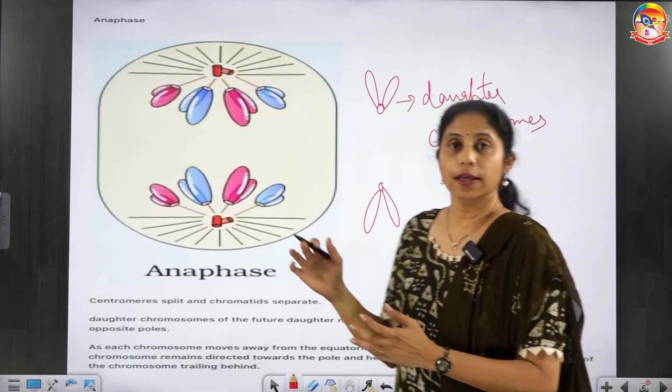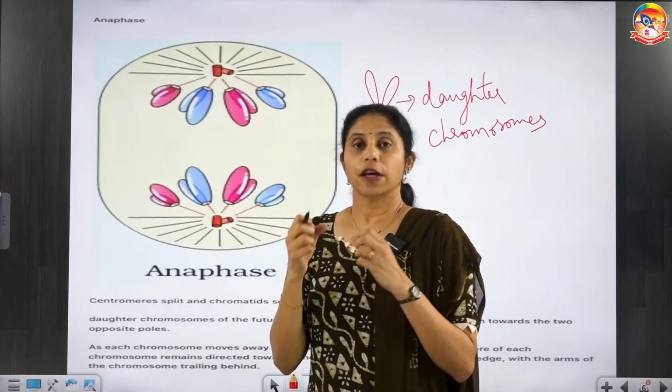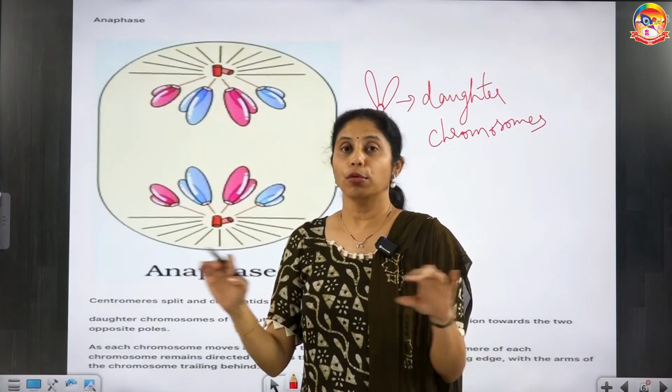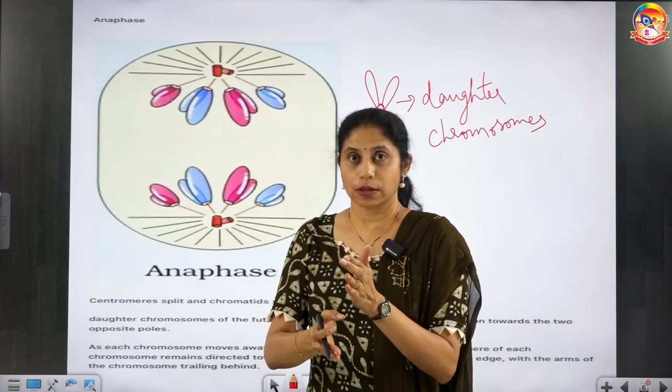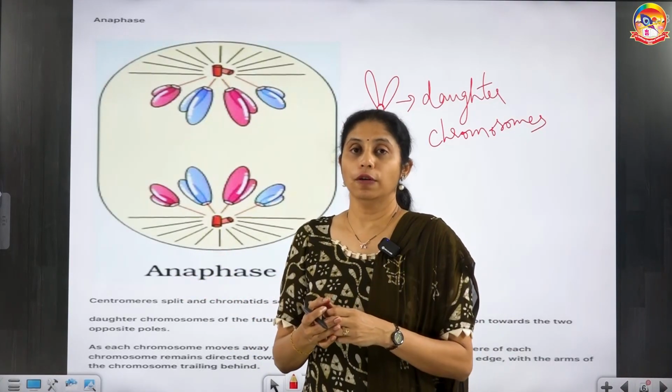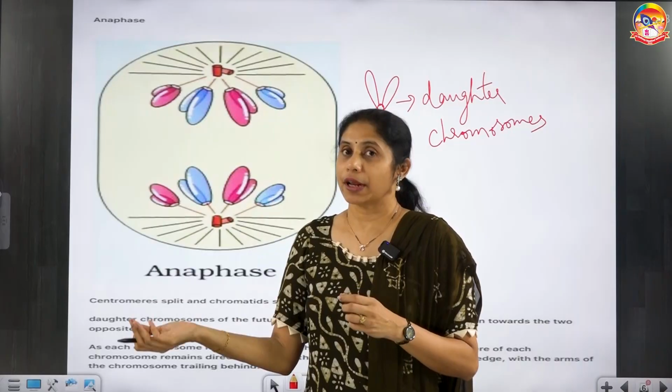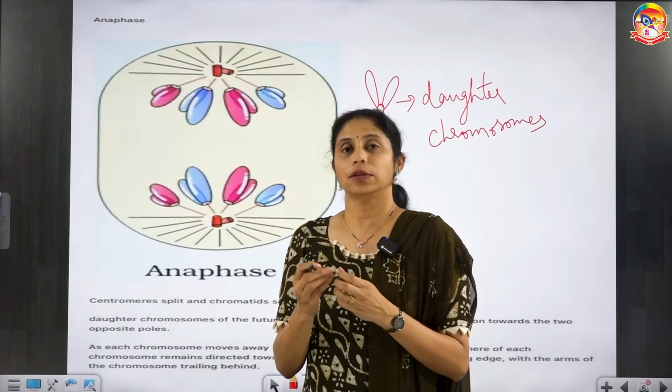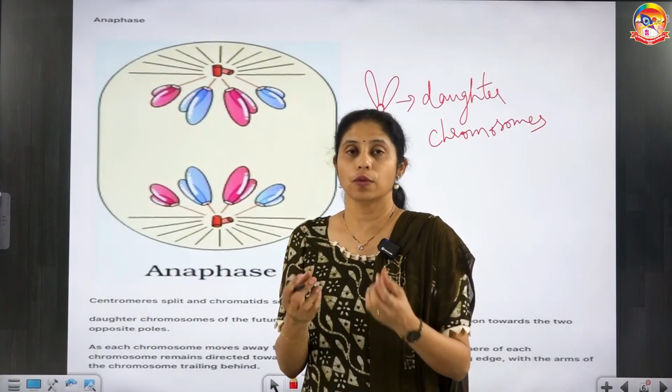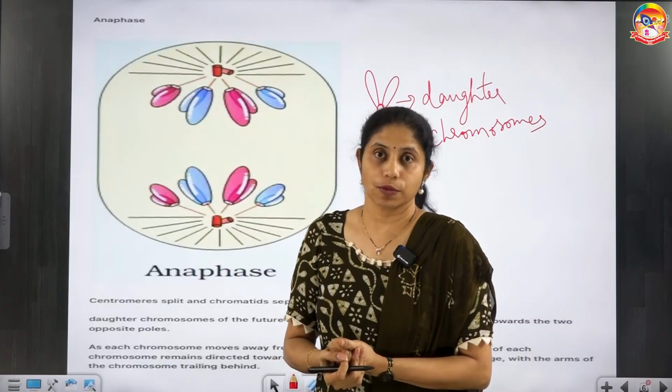They are formed in the anaphase. Because of the increased pressure on the centromere from both sides, the centromere splits and it results in sister chromatid separation, and it forms the two daughter chromosomes. One chromosome will form the two daughter chromosomes.